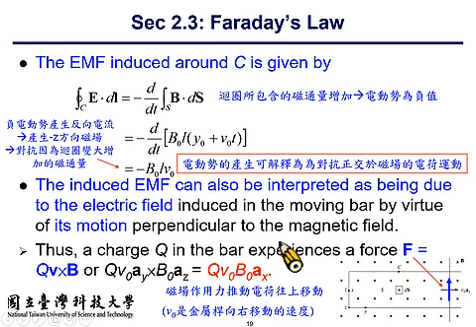So the magnetic force can be interpreted in terms of current flow, but it can also be interpreted as QV cross B. So this current flow can also be interpreted in terms of moving charge.